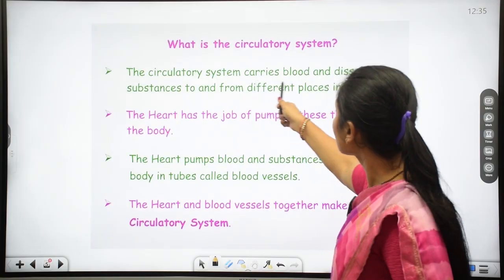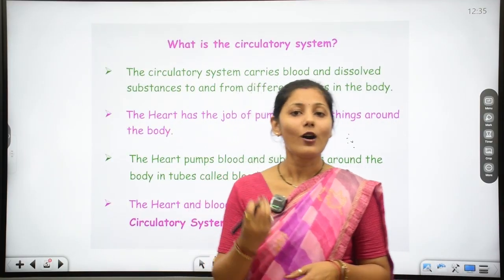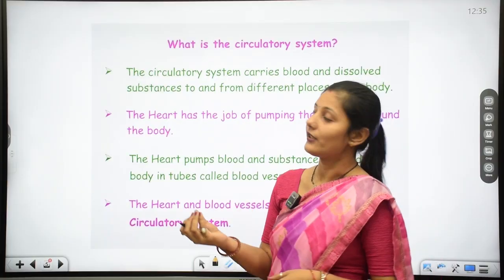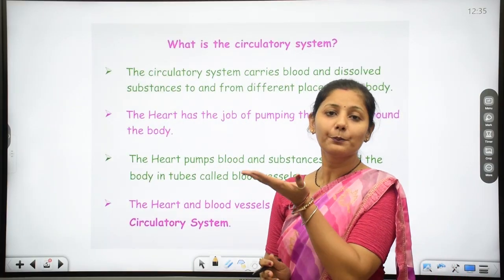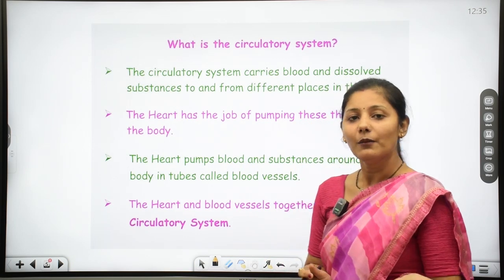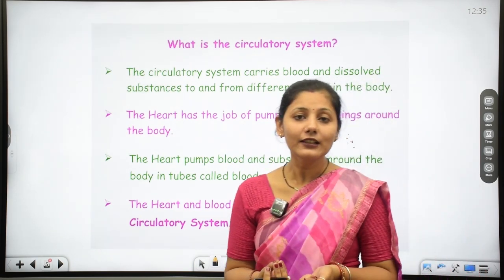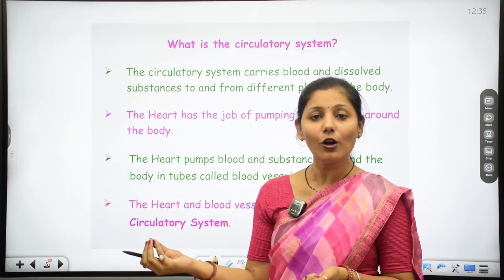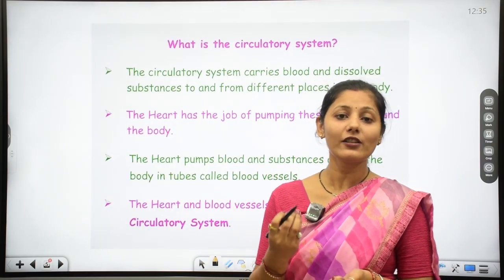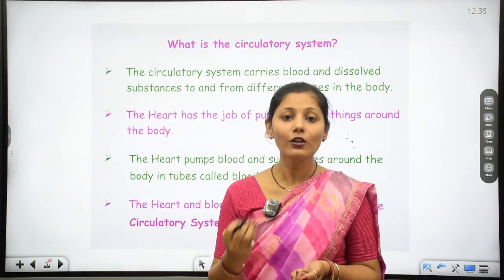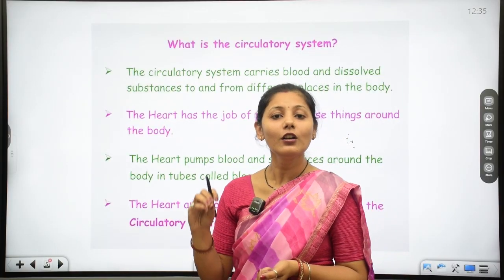Now see, the circulatory system carries blood with dissolved substances like oxygen and nutrients. It transfers from body to heart, or the heart to the body. Now the heart has the job of pumping these minerals, nutrients and oxygen throughout the body. It means the heart is a pumping organ which is responsible for transferring all the necessary nutrients as well as the oxygen inside your body.